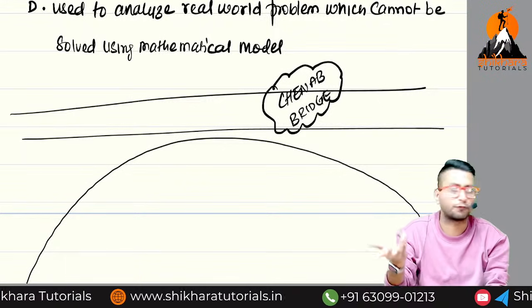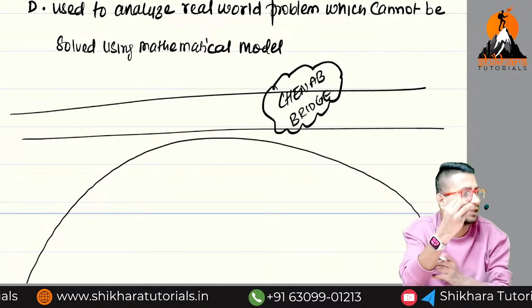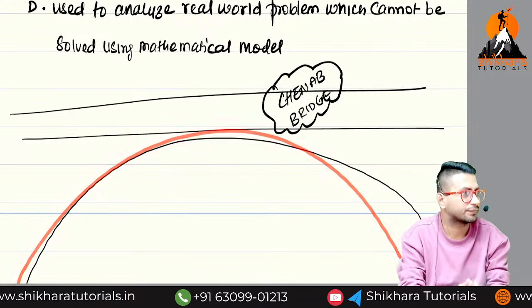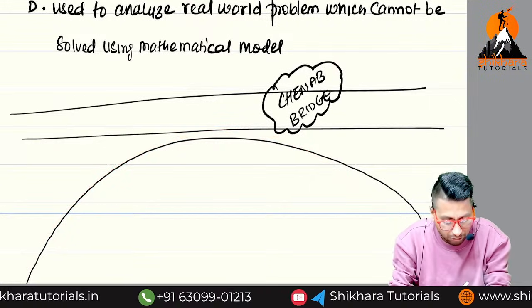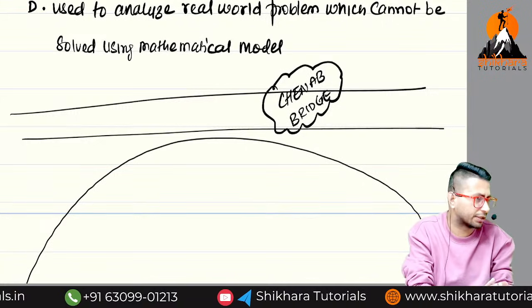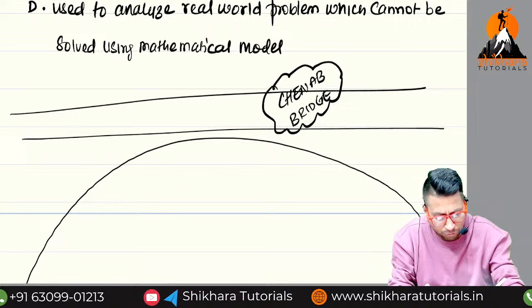It took almost 15, 20, 25 years. Exactly, I don't remember, but it might have taken 25 years to construct this bridge, and then creating a railway line on top of it. Now you tell me, can you apply (a plus b) whole square here?